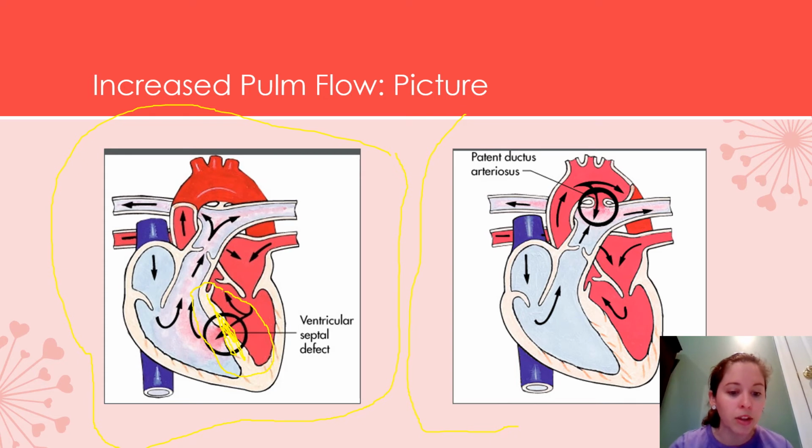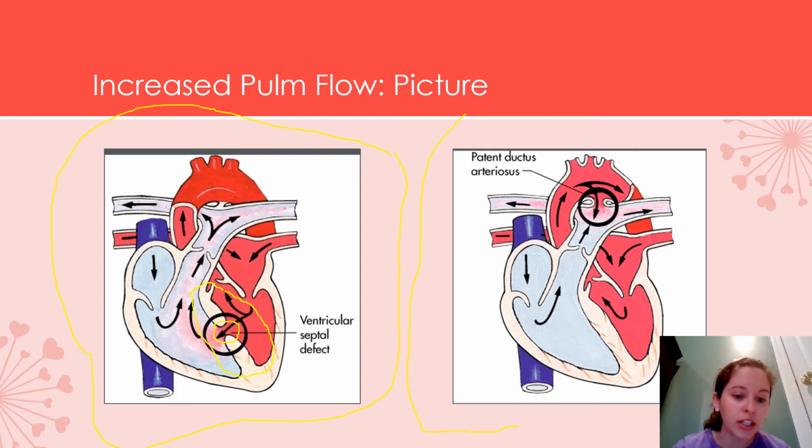But because we're dealing with a ventricular septal defect, you think about ventricular, so it's not in the atrium, it's in the ventricles, and there's a septum defect. That means there's a hole in the septum at the ventricular space.